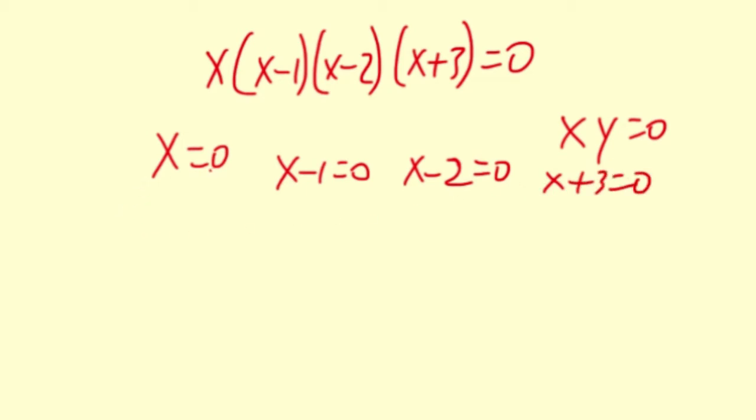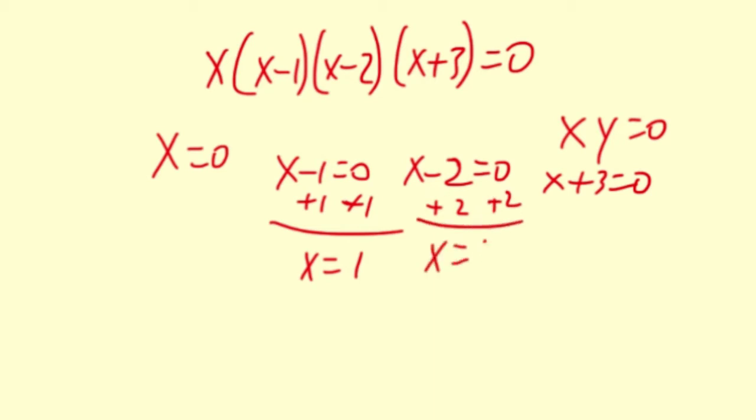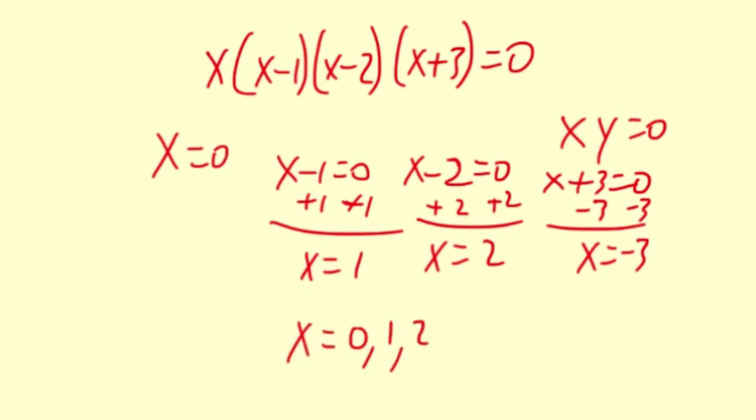So x equals 0 is already solved. x minus 1 equals 0, add 1 to both sides, so you get x equals 1. x minus 2 equals 0, you add 2 to both sides, so x equals 2. x plus 3 equals 0, subtract 3 from both sides, so x equals negative 3. So your solutions are x equals 0, 1, 2, negative 3.